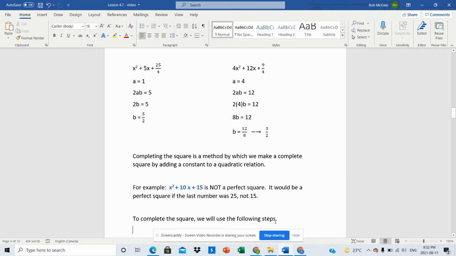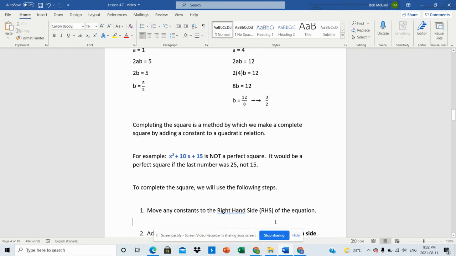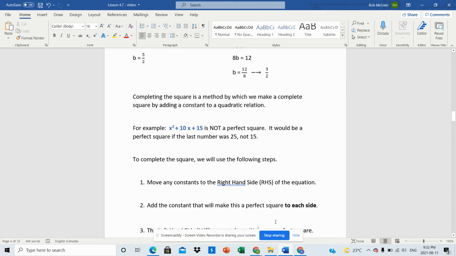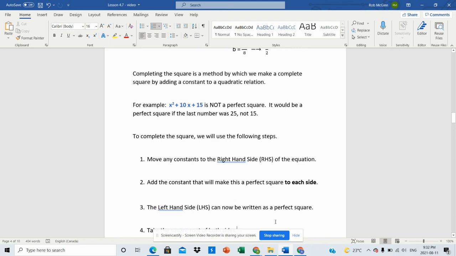So to complete the square, we'll use the following steps. Number 1, we're going to move any constants to the right-hand side of the equation. Number 2, we're going to add the constant that will make this a perfect square to each side to make sure we maintain the integrity of the equation. The left-hand side then can now be written as a perfect square.